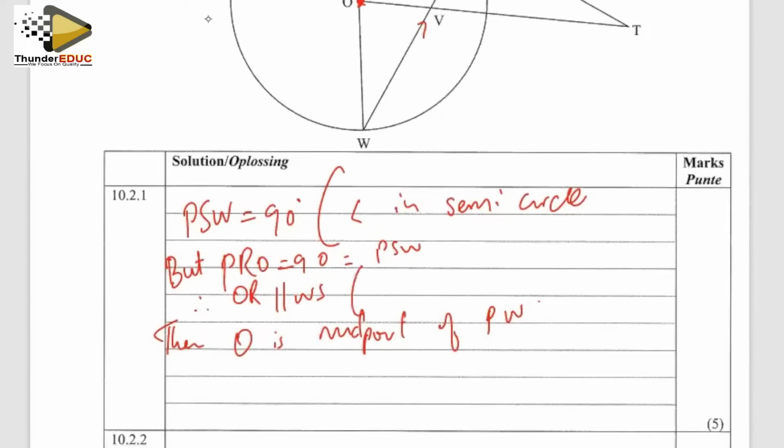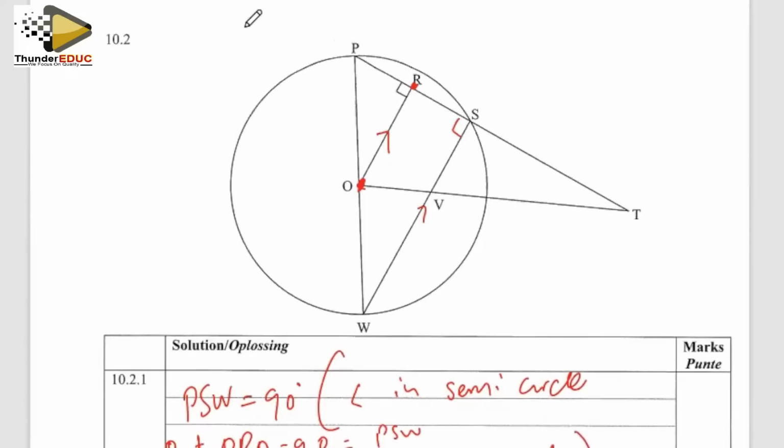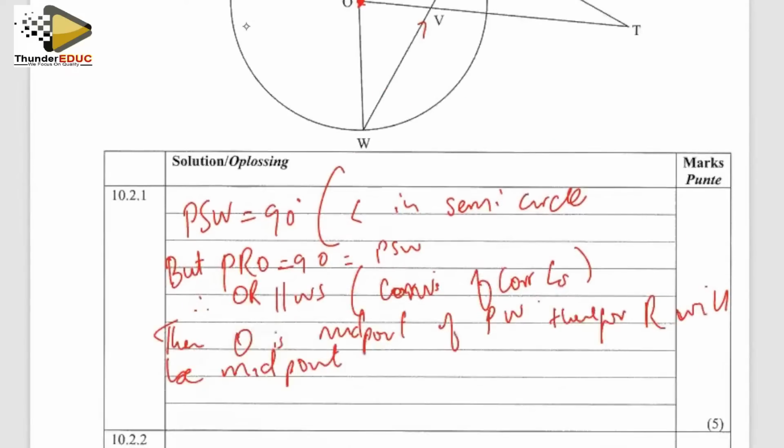Reason we said will be corresponding angles, or the converse of corresponding angles. Since O is the midpoint, therefore R will be the midpoint. R is going to be the midpoint of which line? Of PS. That is from the midpoint theorem, or from the proportionality.